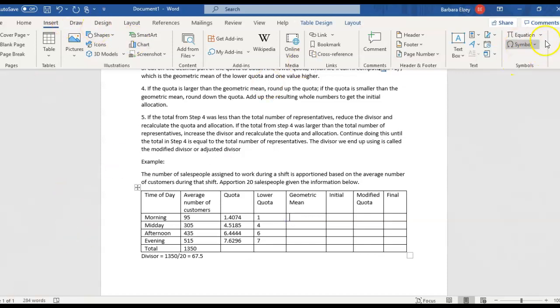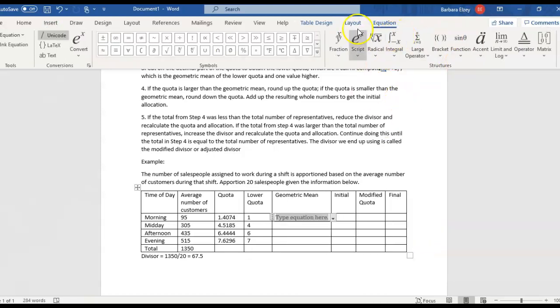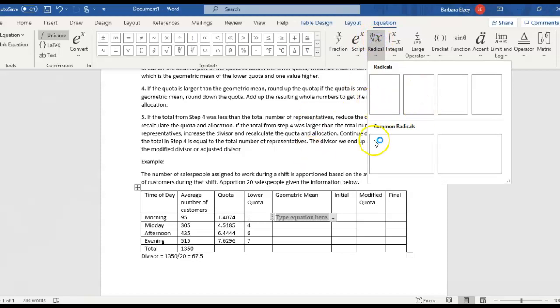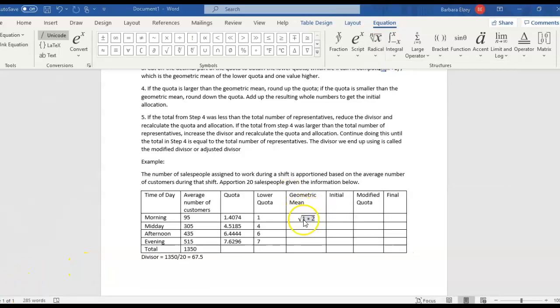I'm going to take the square root, and just for the first calculation, I'll kind of write it out so you know what's going on here. So notice the geometric mean is the square root of this number times 1 more than this number. So 1 times 2. So the square root of 2 is what I have there. I'm going to go ahead and stick that into the calculator.